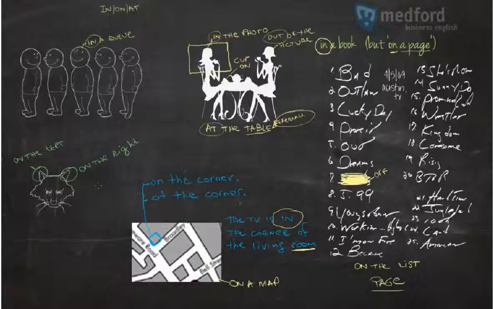If there was a man here, on my right, okay? If there was a man here, this man would be on the right as well. In front, always in front, and in the back, but on the left and on the right.